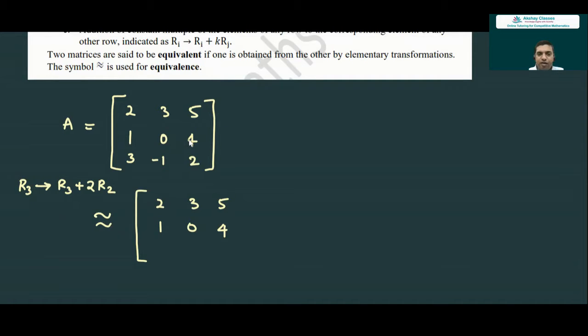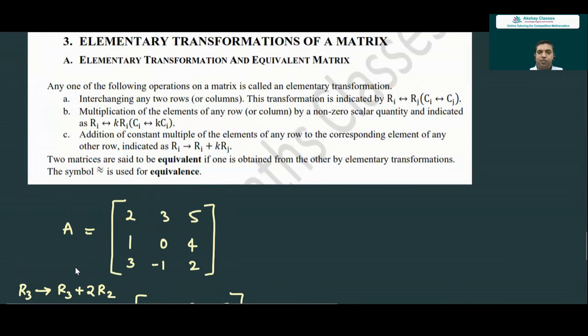Multiply the second row by 2: this becomes 2, 0, 8. Then 3 plus 2 is 5, minus 1 plus 0 is minus 1, 2 plus 8 is 10. So this is an example of an elementary row transformation. This can be done for a column also. Elementary column transformation you can also do, but generally we do it for rows.